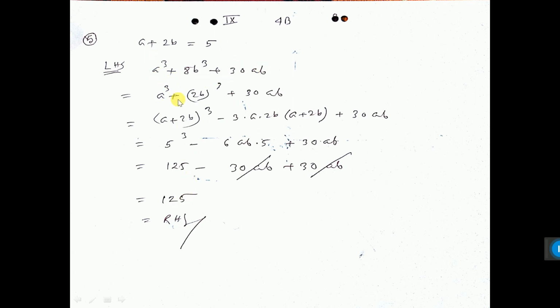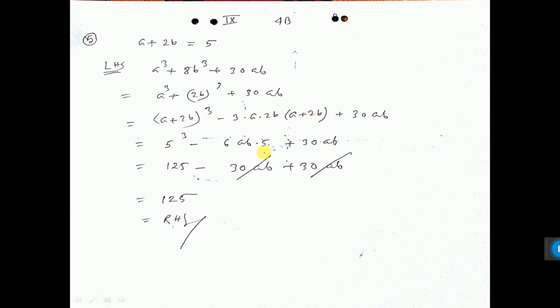Now see, this can be written as (2b) whole cube, and this one as it is, I did not do anything, and here a cube plus (2b) cube, that is the a cube plus b cube formula: (a + b) whole cube minus 3ab into (a + b), and 30ab as it is. Then see here a + 2b equal to 5, so you put here value 5 cube. Here also a + 2b is 5.